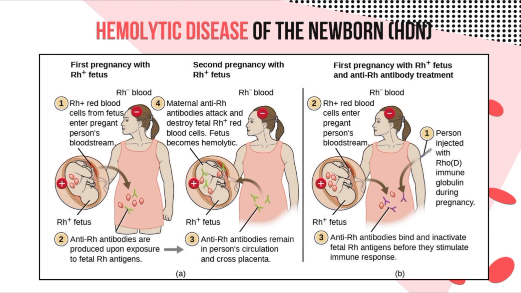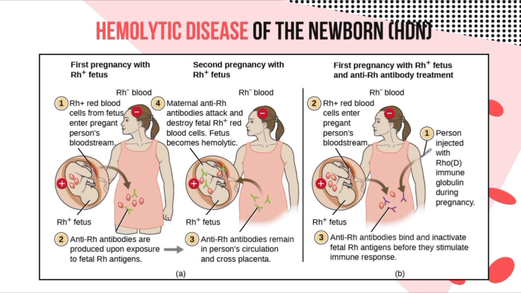injected RhoGAM, or the immune globulin, would release the anti-RH antibodies that are contained within them to eliminate the RH positive red blood cells from the baby. And in this way, the mother's primary immune response would not be activated.